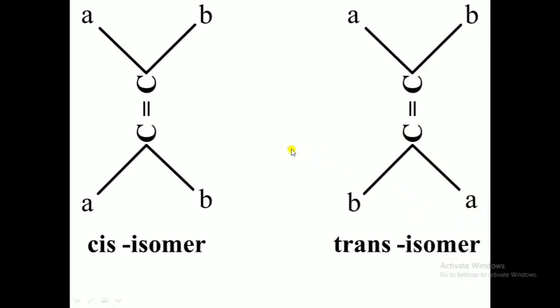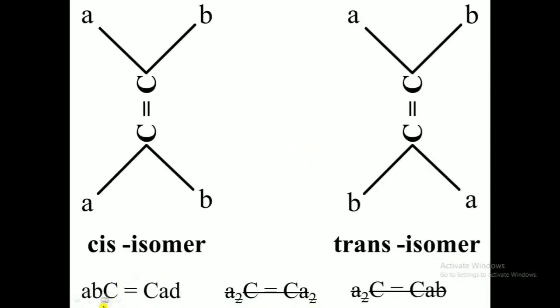And again, suppose you have A, B, two different atoms attached to the carbon atom, and the other carbon atom has the same A, one of the atoms similar to what this carbon atom has, and suppose the fourth atom is D. Still, you will get a cis isomer and a trans isomer.